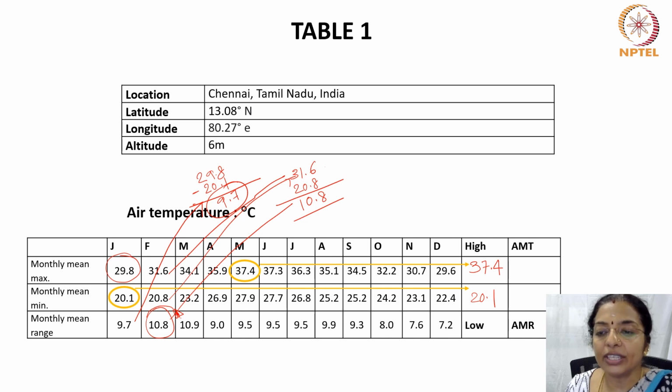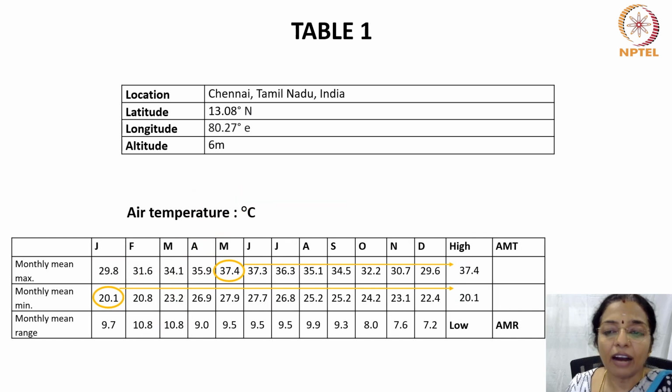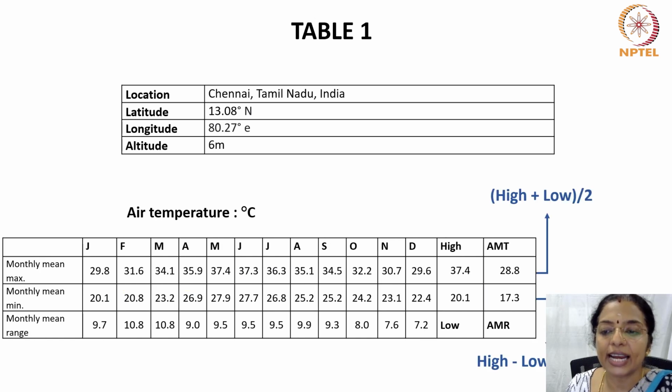And after entering this, we have to calculate the AMT and AMR. So what is that AMT and AMR? I had already told you. AMT is the average of this and this.